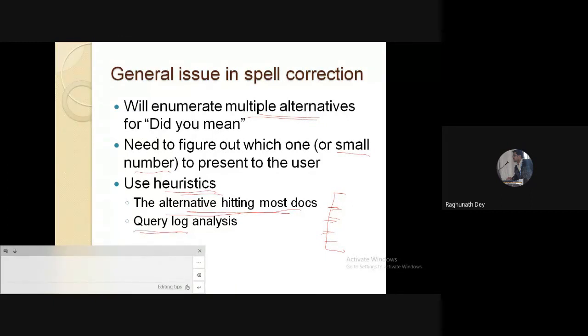Suppose from 2020 to 2021, which terms are being hit highest by users. By analyzing the query log, we found that the term CORONA is being hit the most during this period.